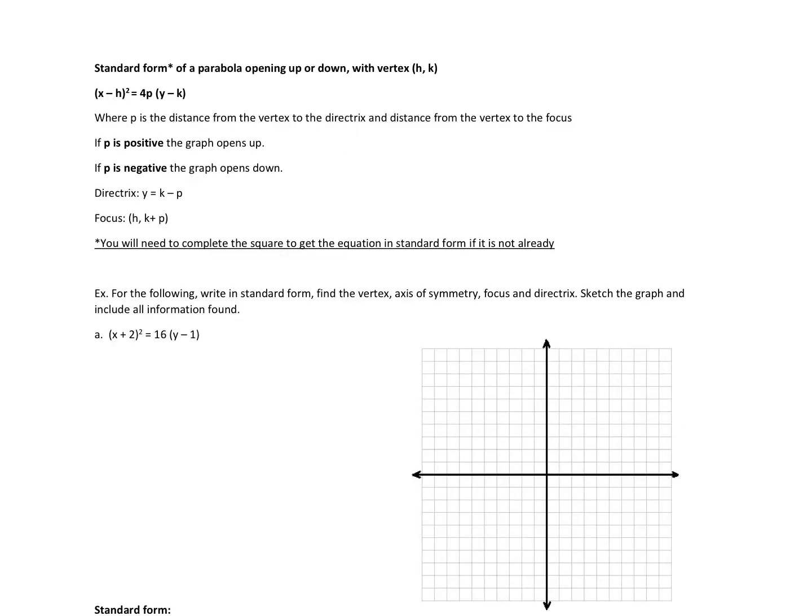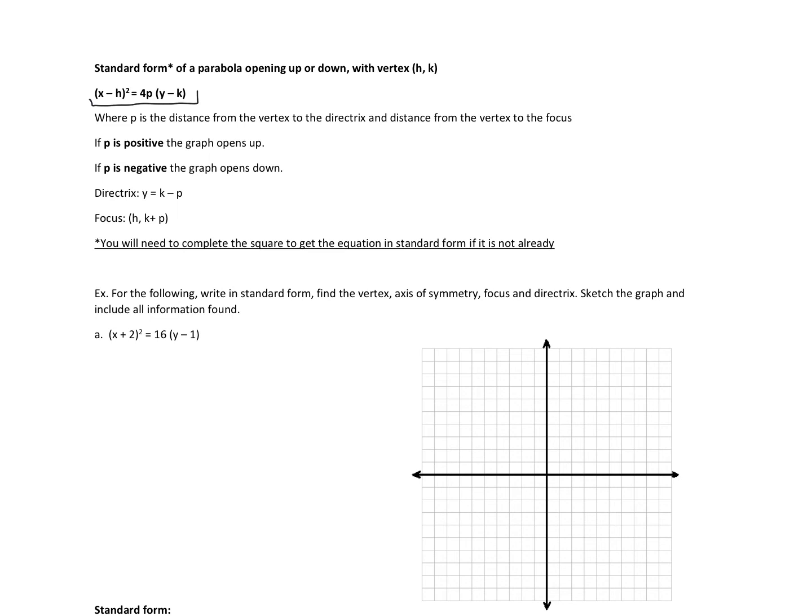Just like we were able to shift our circles and ellipses and hyperbolas, we can shift the vertex of the parabola. So it's exactly the same form. It's really just x squared equals 4py, only we are shifting the x h units and the y k units.